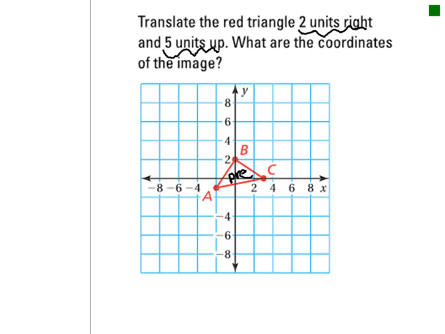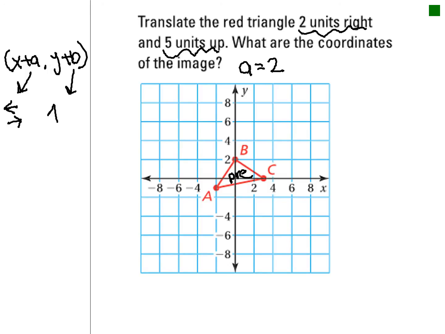You previously wrote down that our skeleton outline for translating using our ordered pairs is (x plus a, y plus b). A is always going to be the right, left numbers added. For this example, A is going to be 2, and B is always going to be the up, down units added. For this figure, B is going to be 5.